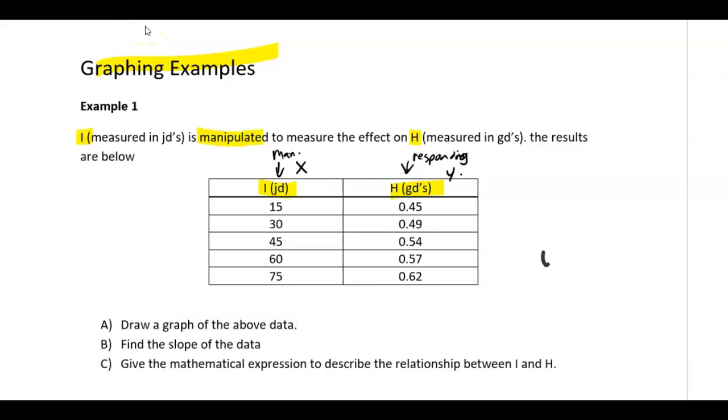Now, the mathematical expression, generally speaking, is going to be y equals mx plus b. We're going to find the slope and the y-intercept, and y and x will be in there, and we'll plug that in. I know this is on your sheet; it's going to come out of the screen, but we're going to put that graph right there, and it's going to have everything we need.